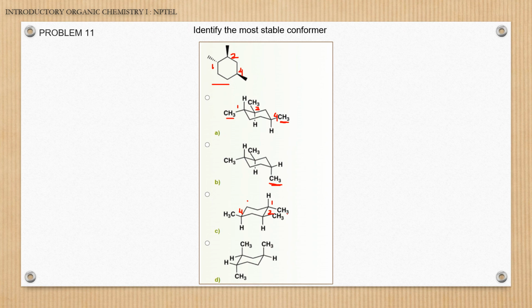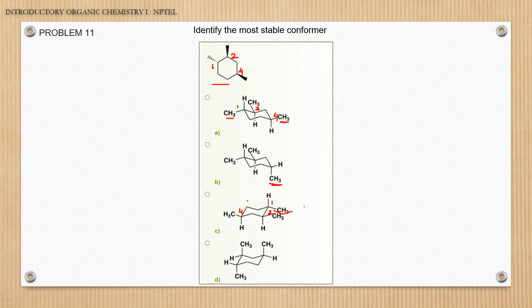Yeah, somewhat. What you have to see here is that the steric strain between these two methyls is also there. This is also at the equatorial position, 3 methyls, stereochemistry is matching, but C is not the correct answer because the two methyls are coming in close proximity. So here the steric strain is present between these two methyl groups. So that is why C is not the correct answer, although the stereochemistry is matching, although the three methyls are present at the equatorial position.